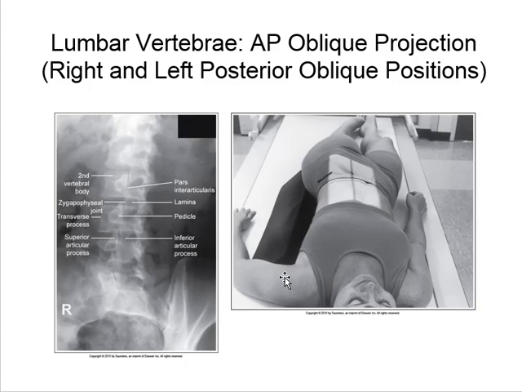And some textbooks may refer to obliquities as being different between the upper portion of the T-spine and the lower portion of the T-spine, or the upper portion of the L spine versus the lower portion of the L spine. The upper portion of the L spine looks a lot like the lower portion of the T spine.